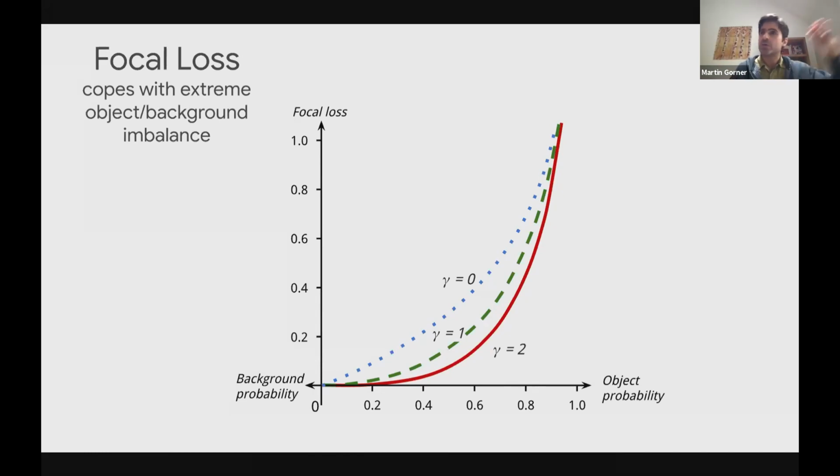But because values towards zero are squashed, they now do not drown out the useful signal from the anchor boxes that are predicting real objects. So small mathematical trick, but this is really key to the network actually training well.